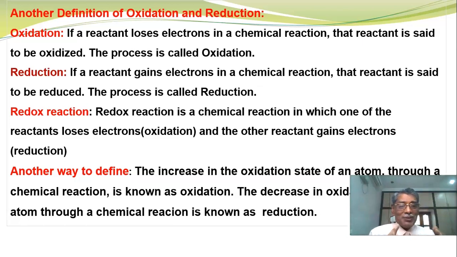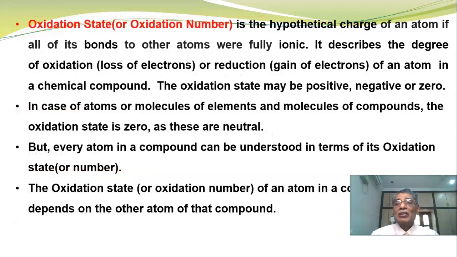Yet another way to define: the increase in oxidation state of an atom through a chemical reaction is known as oxidation. The decrease in oxidation state of an atom through a chemical reaction is known as reduction. Now, we must have clarity.